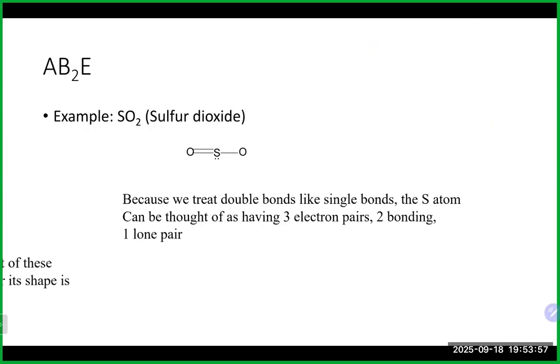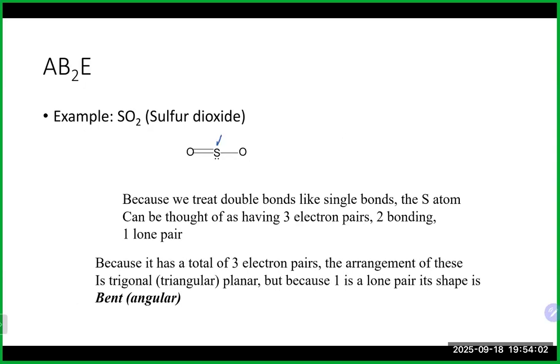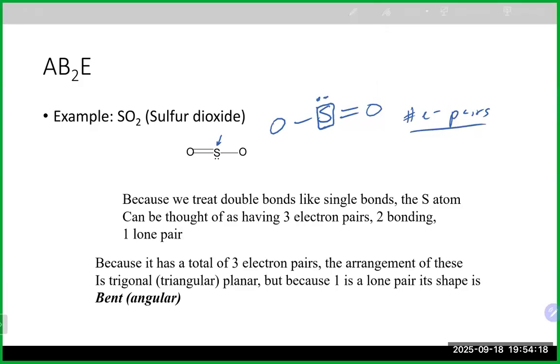So let's take a look at some of these here. The first example will be sulfur dioxide, which we drew earlier. If we look at the central atom here, and I'll draw it a little bit bigger so we can see it, and I'm not going to draw the dots on the outside, but if we look at our central atom, how many electron pairs do I have? It doesn't matter if they're lines or dots.